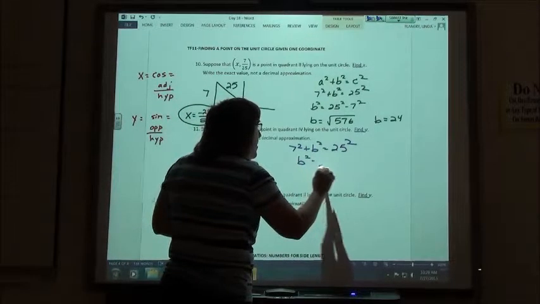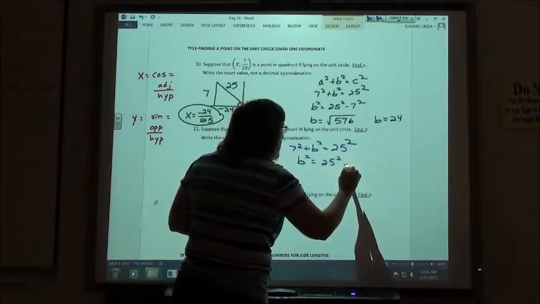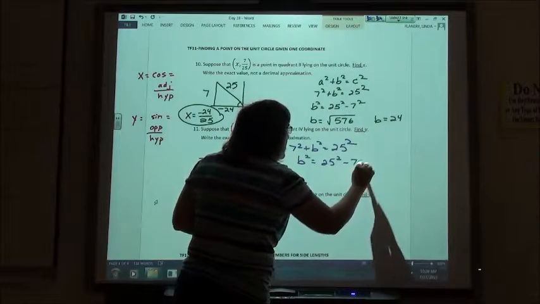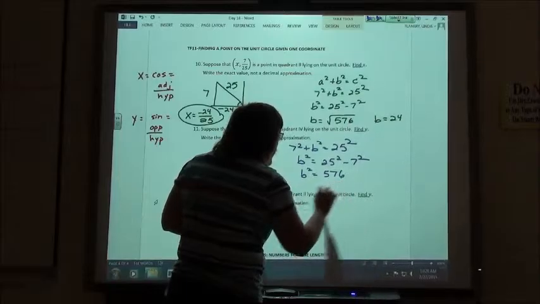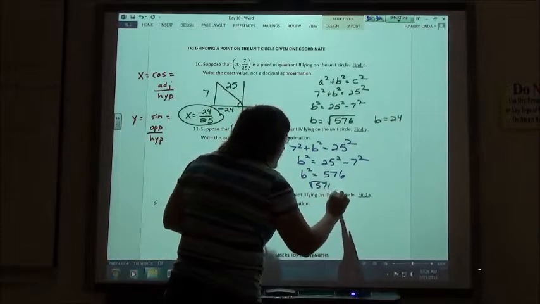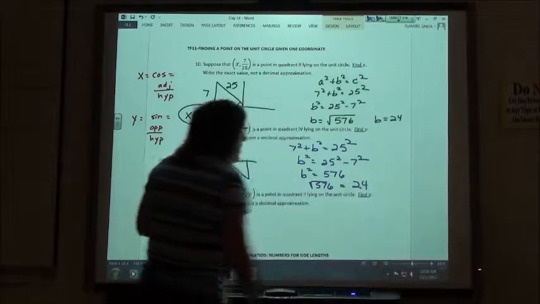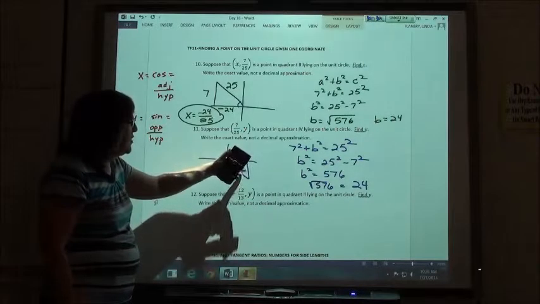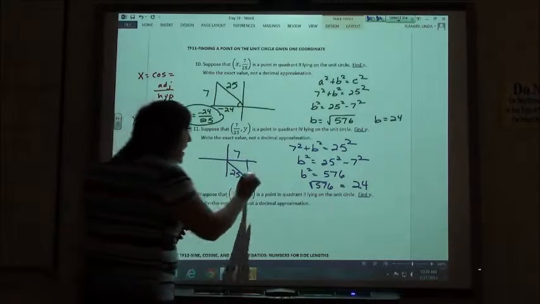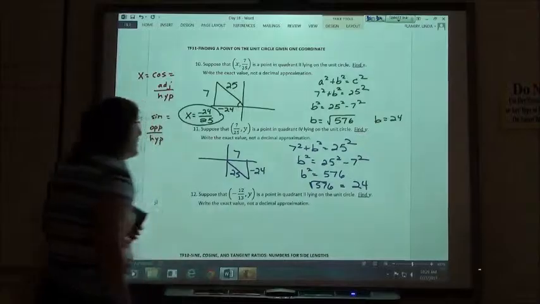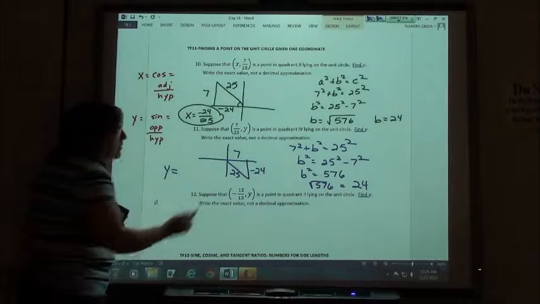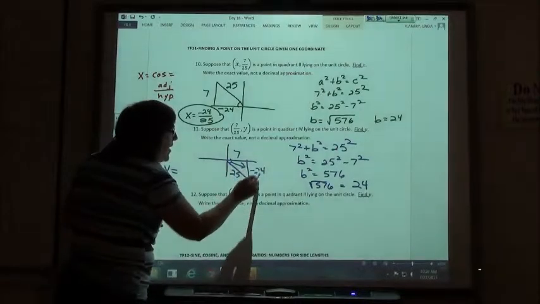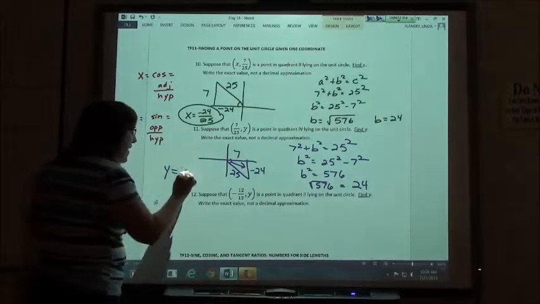So b squared equals 25 squared minus 7 squared. B squared is going to equal 576, so the square root of 576 is going to give us 24 again. And again, this one is going down, so that's actually going to be negative 24. So our value for y is going to be the opposite over the hypotenuse, the opposite side, negative 24 over 25 then.